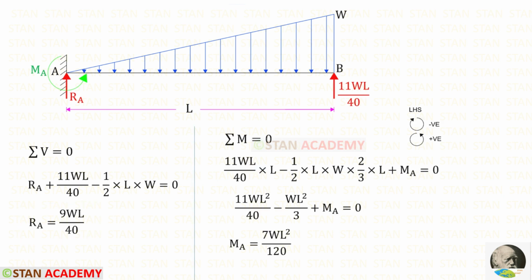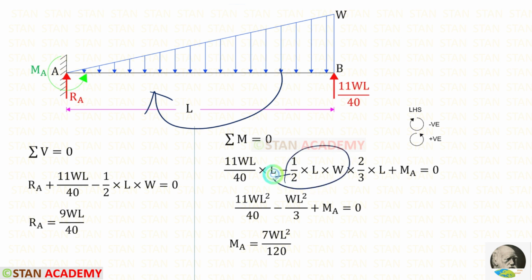Now let us take a moment about A and find MA. RB is acting in the anticlockwise direction, so it will be positive, and the distance is L. The UVL is acting in the clockwise direction, so it will be negative. We have to multiply the area with the centroid distance.